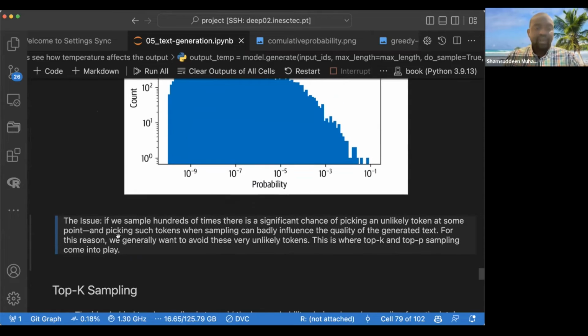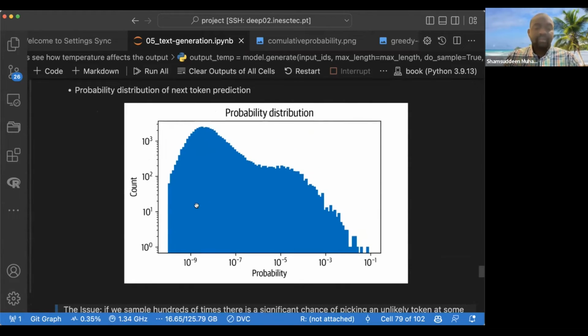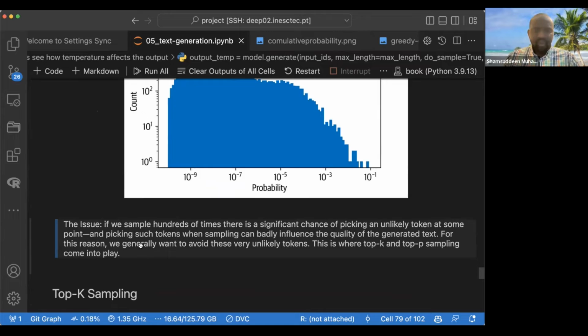The issue is that if we sample hundreds of times, there is a significant chance of picking an unlikely token at some point. If we have a large sample, we can select tokens that do not contribute much.